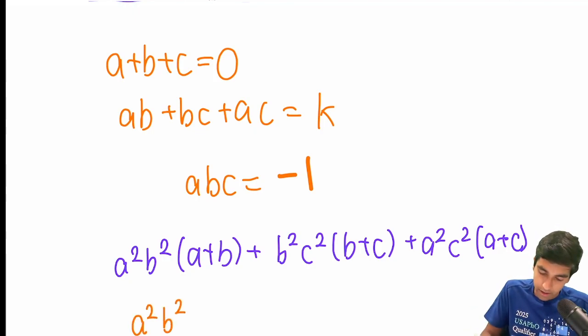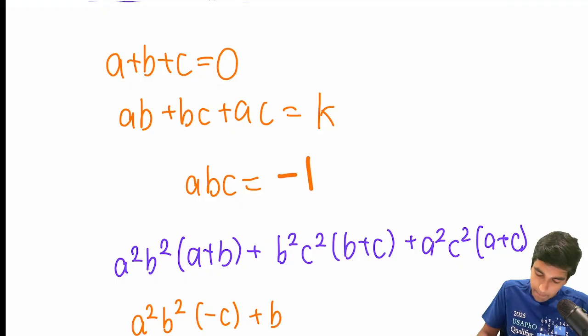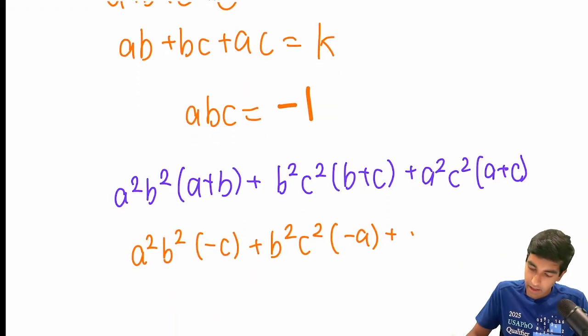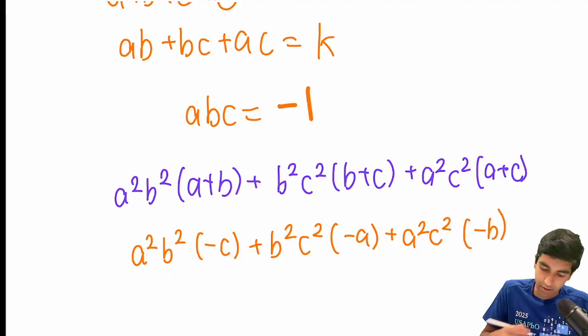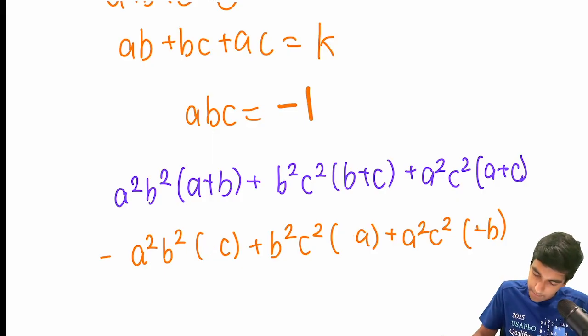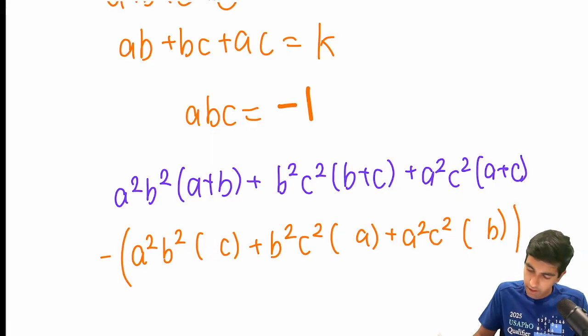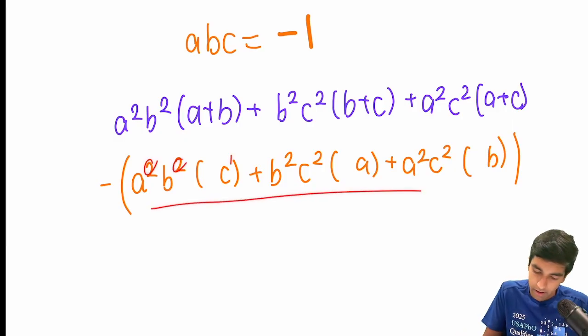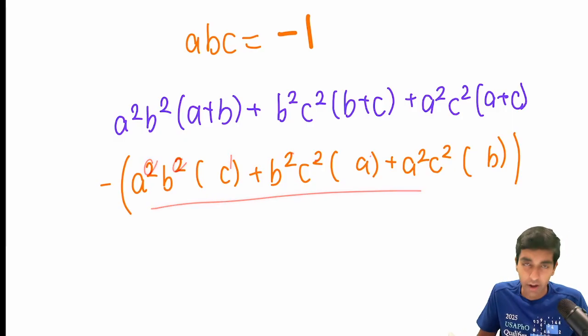So we get a squared b squared times negative c, plus b squared c squared times negative a, plus a squared c squared times negative b. And then we can just put the negative out front and deal with that. Now we have the negative of all of this. What is this inside part really? Again, 2, 2, 1, 2, 2, 1, 2, 2, 1.